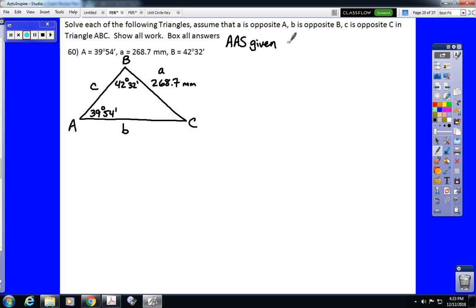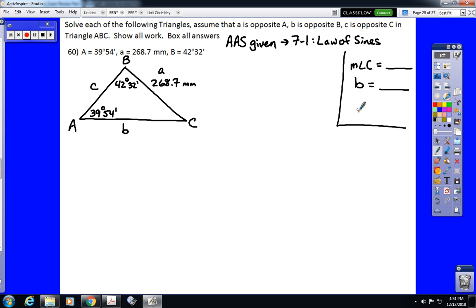So this is a law of sines. This is in section 7-1, law of sines. Anytime we're given 2 angles and a non-included side, that is the law of sines. So we're going to use the law of sines to find the measure of angle C, the length of little b, and the length of little c. It doesn't really matter what order we do them in.